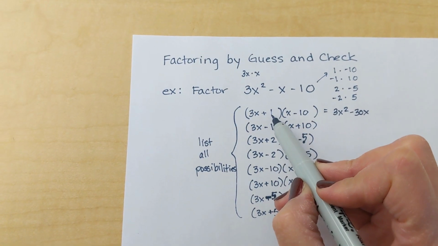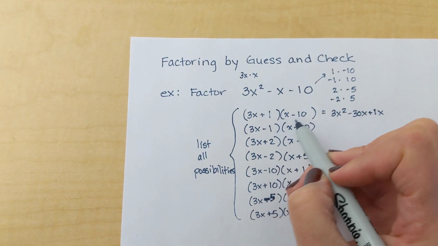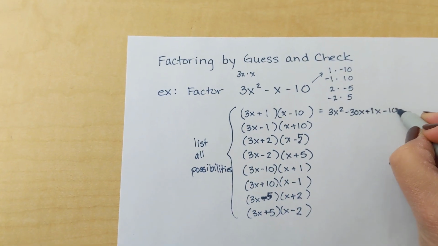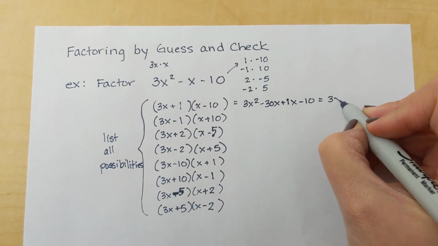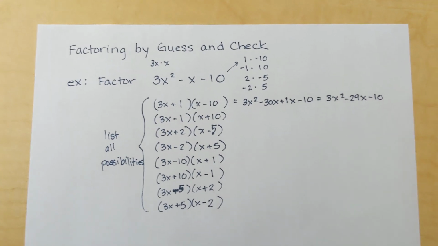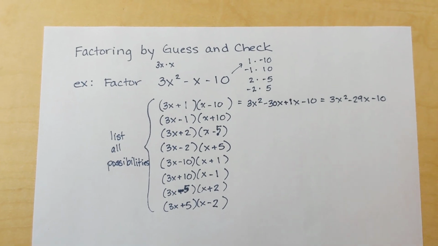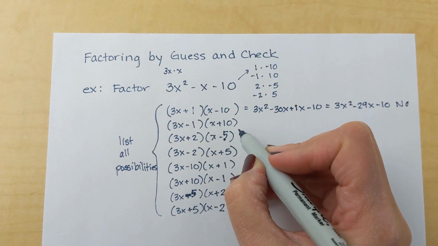Then the inside, 1 times x, and then 1 times negative 10. And combining like terms in the middle gives me 3x squared minus 29x minus 10, which I can tell is not the correct answer. So I'll move on to the next one.